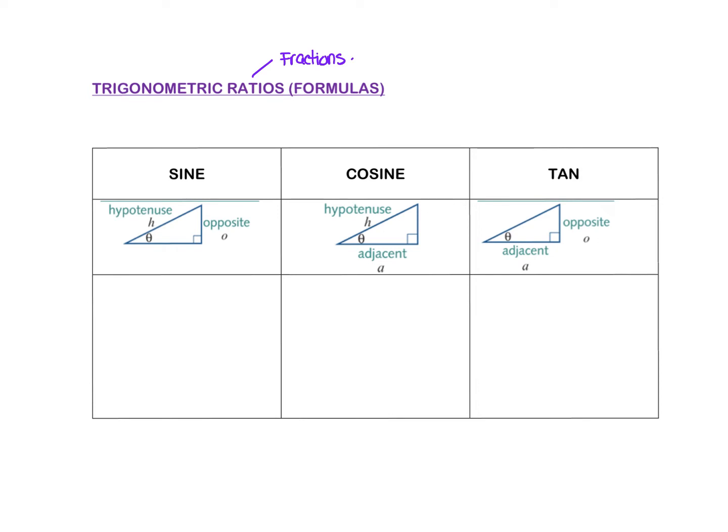If they say trigonometric ratios, they just mean these formulas we're about to do. Now, you've done them in previous years. With these trigonometric ratios, you might have learnt in the lower years that little saying called SOH CAH TOA to help us remember them.